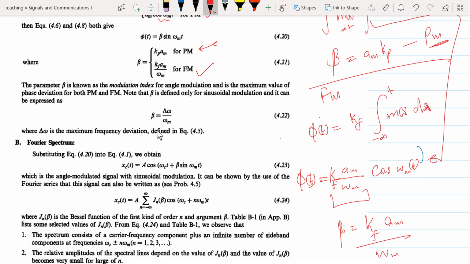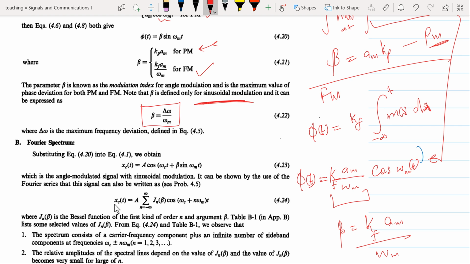This parameter beta is known as the modulation index for angle modulation and is the maximum value of phase deviation for both PM and FM. And we also note that beta is defined only for sinusoidal modulation, not for the non-sinusoidal modulation that is possible in real life.